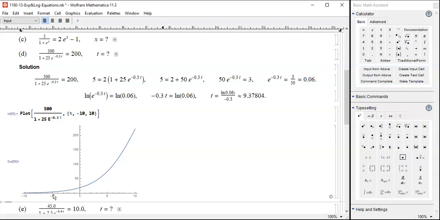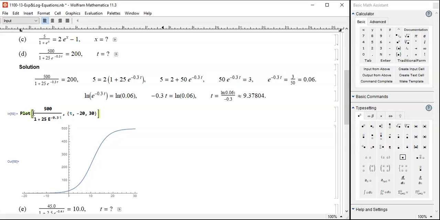Initially pretty slowly, but after a while, growing rather quickly. Let's go from -20 to +20. Now the growth is slowing down here. Let's go a little bit further. Oh, I meant 30. Slowing down even further, do you see? Let's plot it this way.